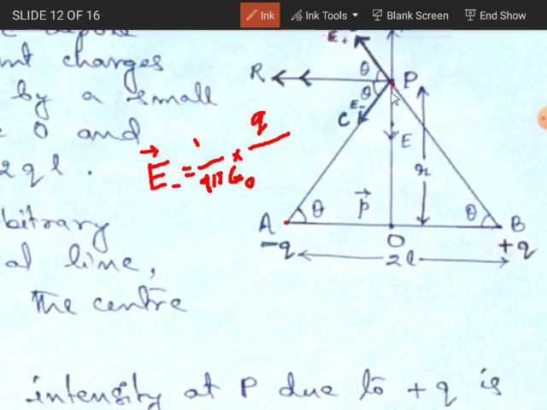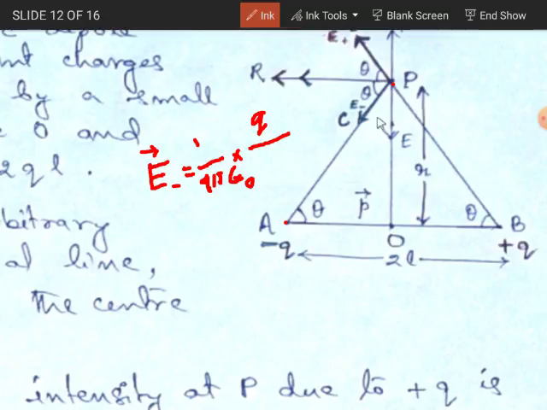Now you will see a right triangle AOP. In this right triangle, AP is the hypotenuse. From Pythagoras theorem, AP square is equal to AO square plus OP square.